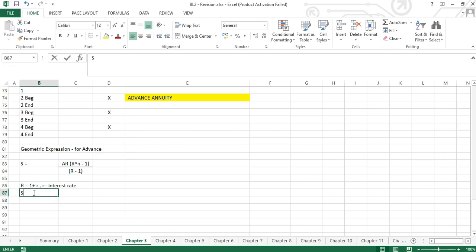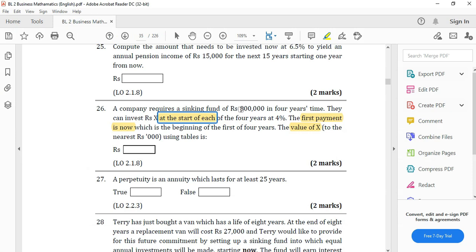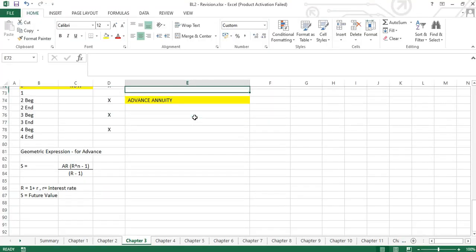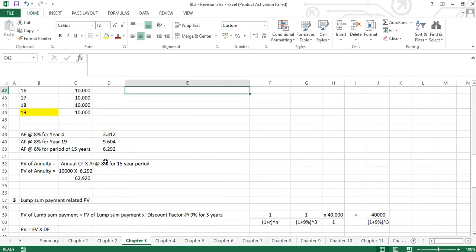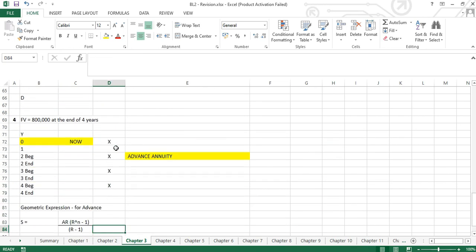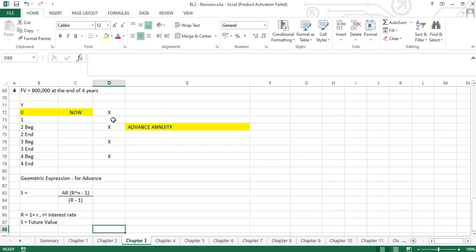We know the future value is 800,000 in 4 years' time and the first payment starts now. So we need no adjustment like taking the difference of annuity factors or discount factors. Why? Because the payment starts at the beginning of the first year, at year 0.